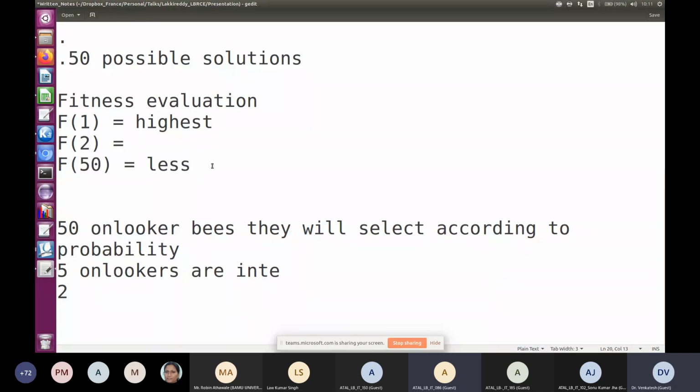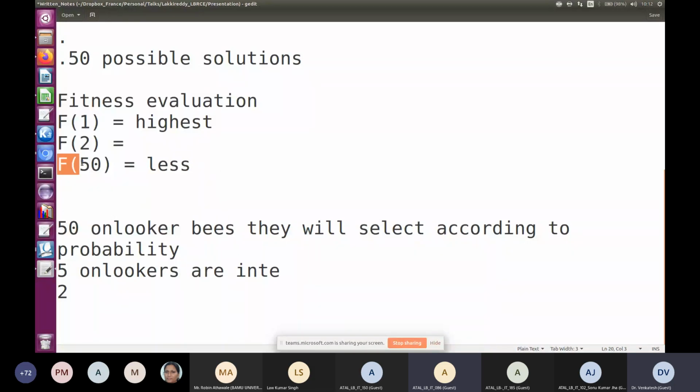Why this motivation is there is that the chance of finding an optimal solution is very high. If you are already getting a good fitness value, then we will try to explore in the neighborhood of that only, because if you already got a good solution, the chance of finding an optimal solution is very high nearer to that good solution.